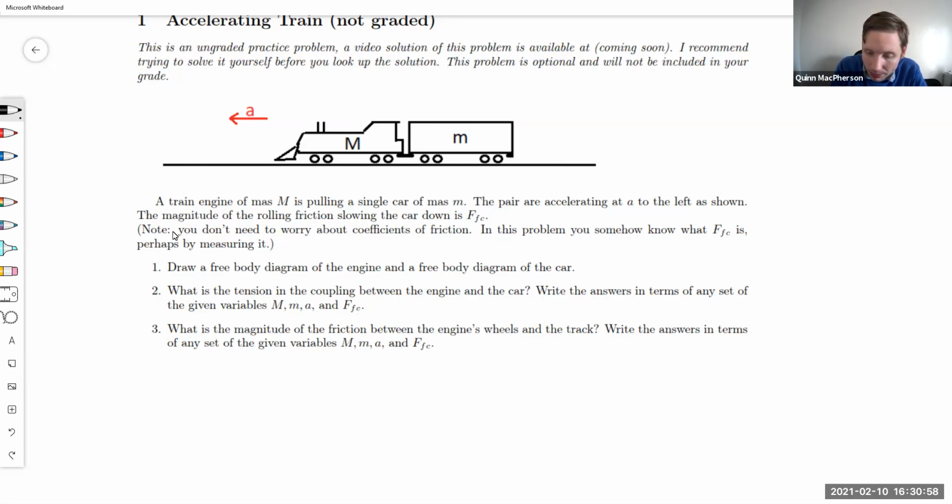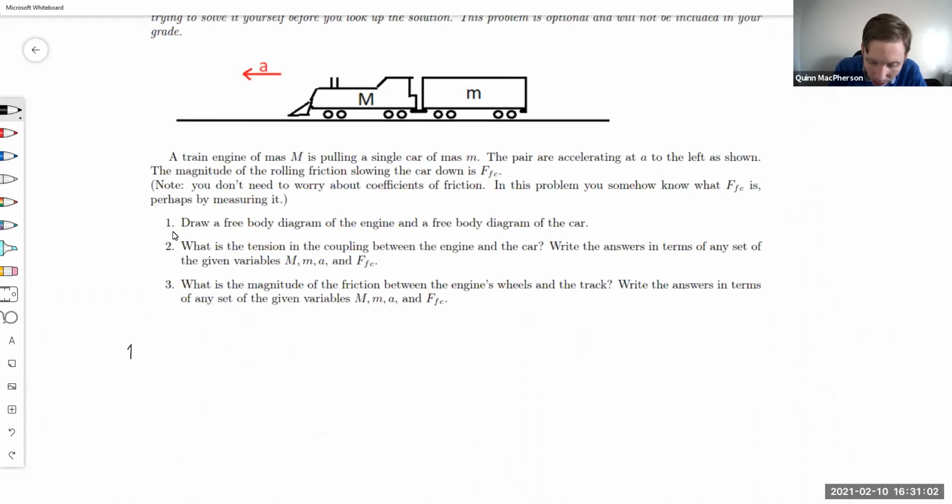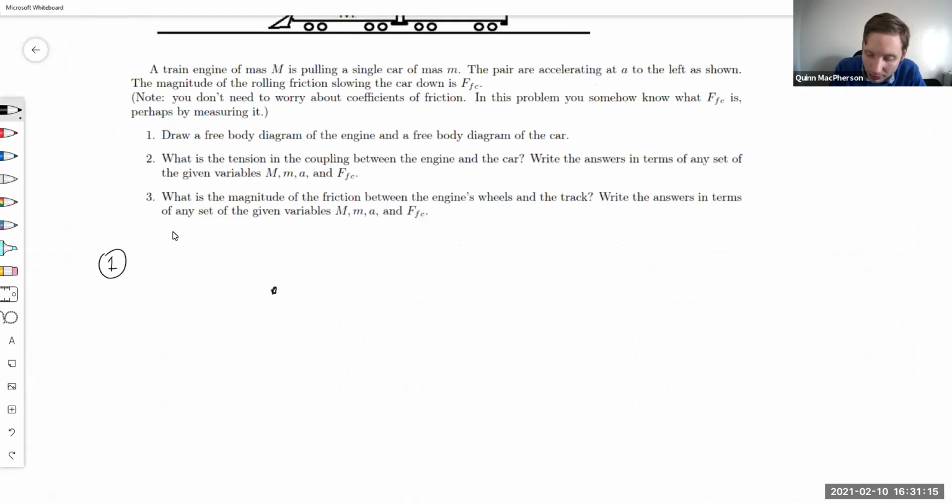So we're told that as well. Now let's see here. I'm going to start with part one. Draw a free body diagram of the engine and a free body diagram of the car. All right. Put the engine free body diagram over here, car free body diagram over here.